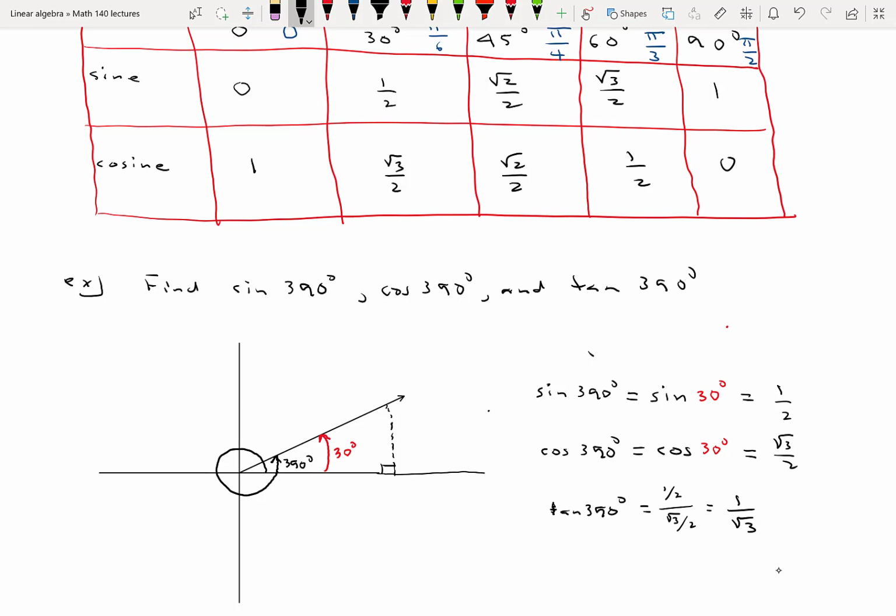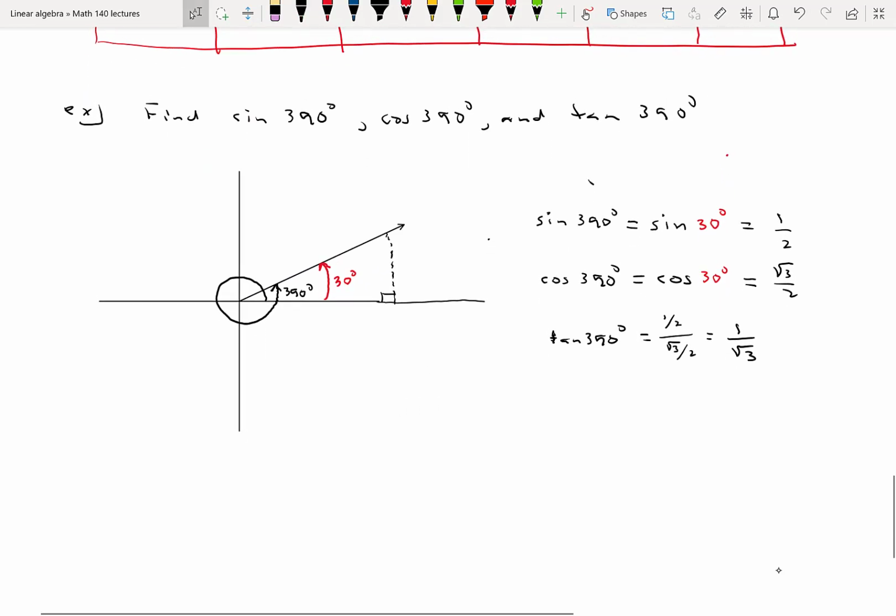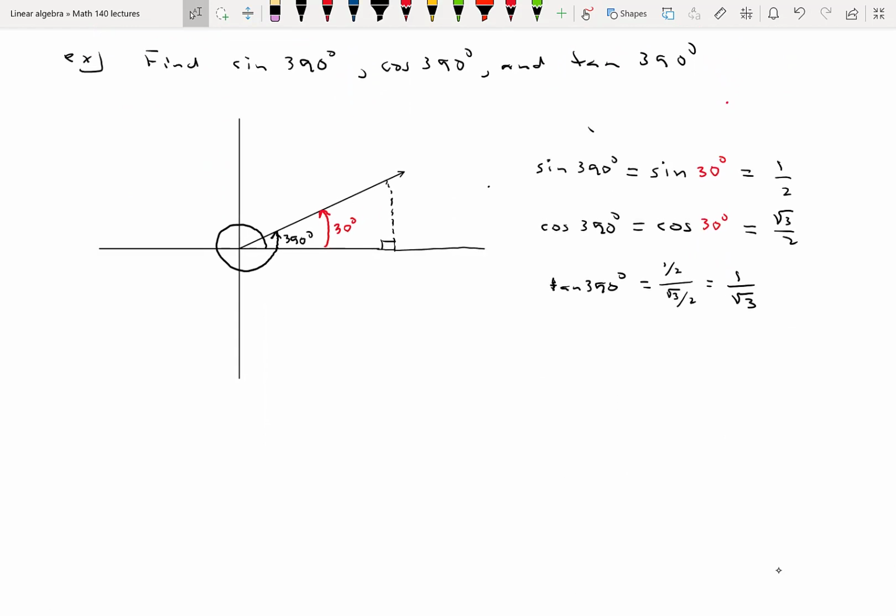Okay. Now, we need to make this really, really formal. 390 and 30 are called coterminal angles.